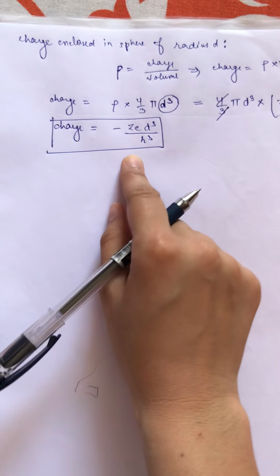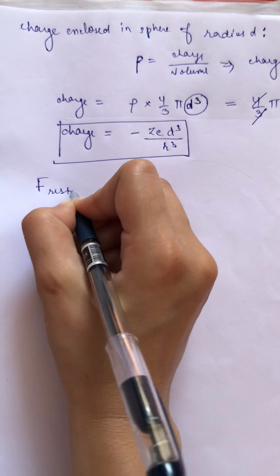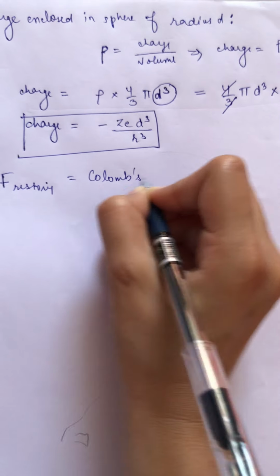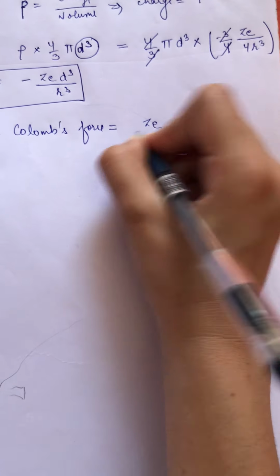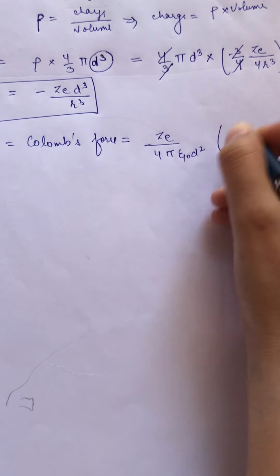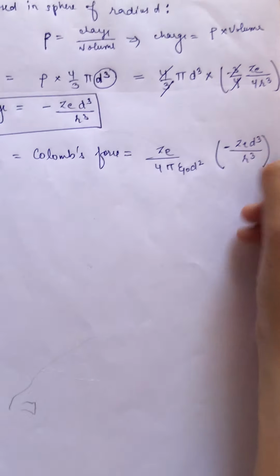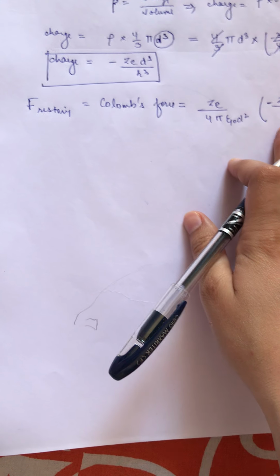Now we will put this value in Coulomb's law, which is F restoring equal to Coulomb's force, which is Ze upon 4 pi epsilon naught d square into minus Ze d cube upon r cube. We have put this value of charge in this equation.